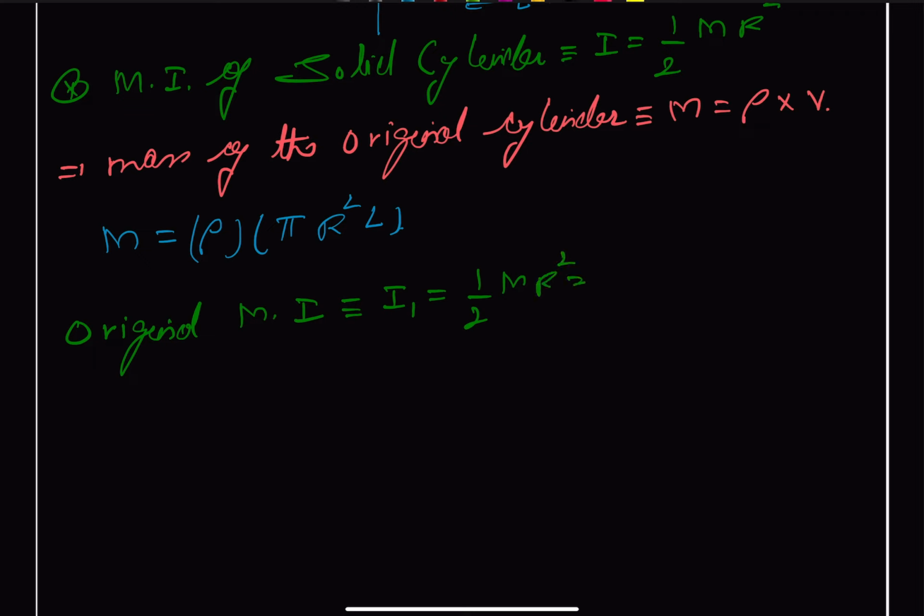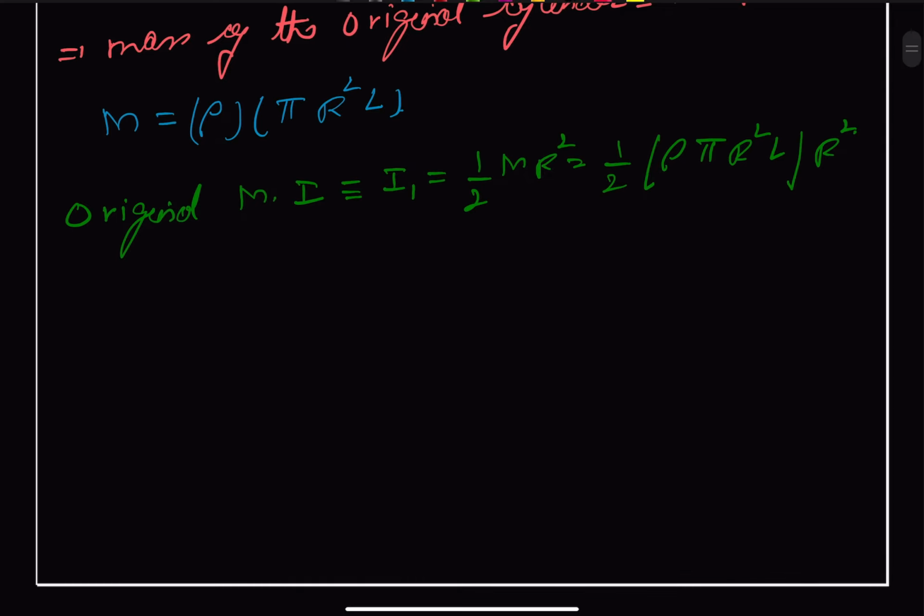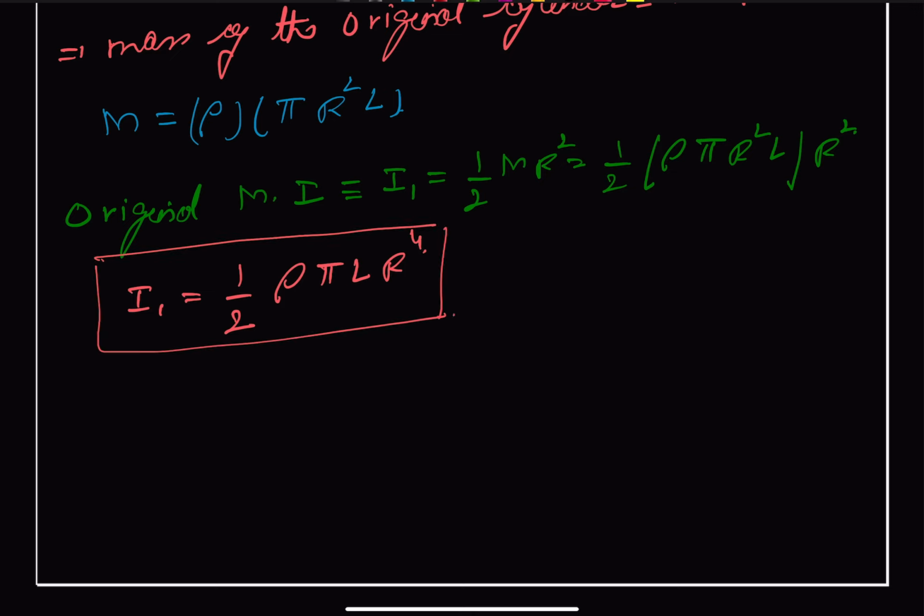We substitute the m, and we get half, m is rho pi r square L, multiplied by r square. So we get I1 equal to half rho pi L r to the power 4. So this is the moment of inertia of our original cylinder.